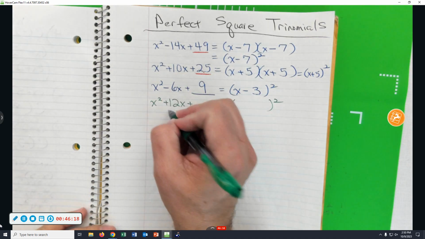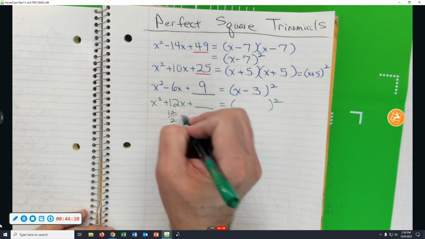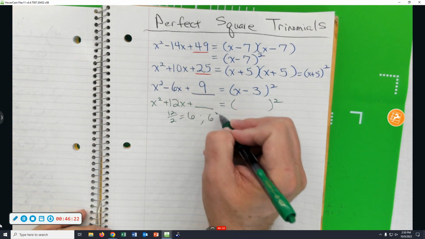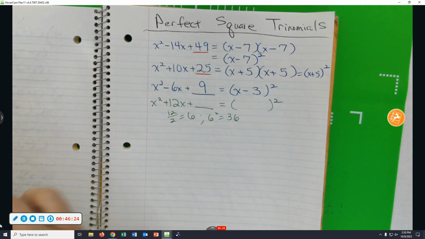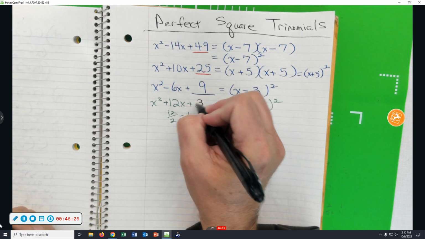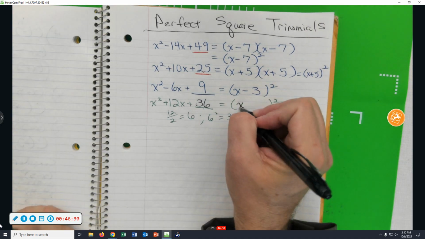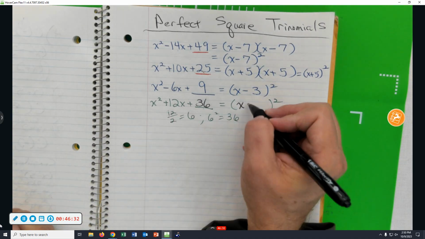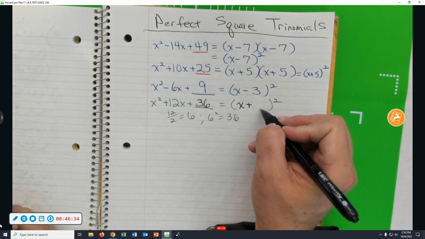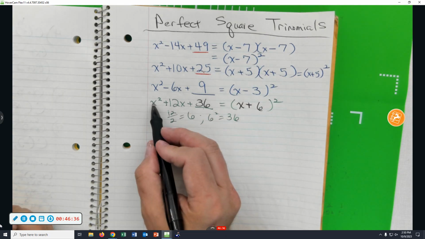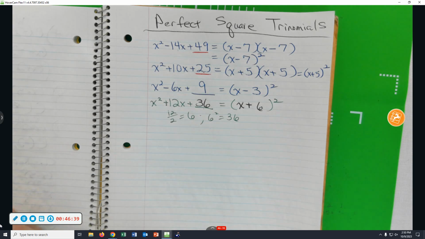Half of 12 is 6, and then 6 squared is 36. So you put the 36 here, and that's going to factor as variable, sign, here, 6. Half of that number. Variable, sign, half of the number.